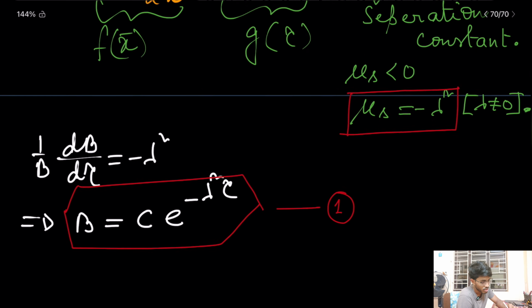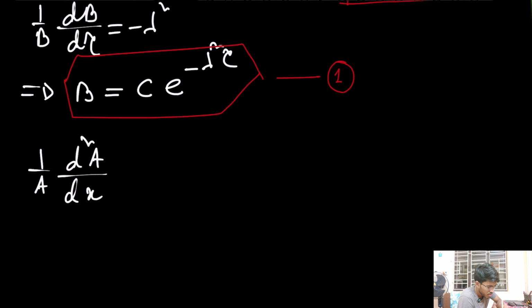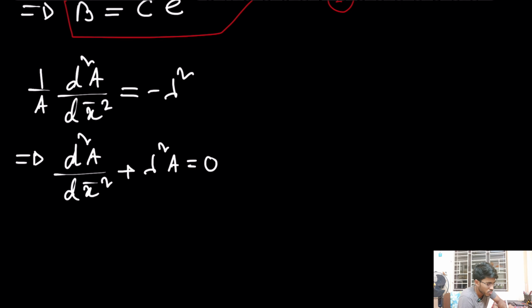Clear? Now let us go with the other equation, that is 1 by a d2a/dx2 is equal to minus lambda square, that is d2a/dx2 plus lambda square a is equal to 0.